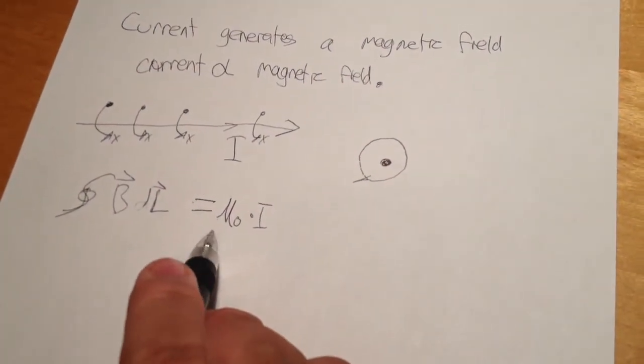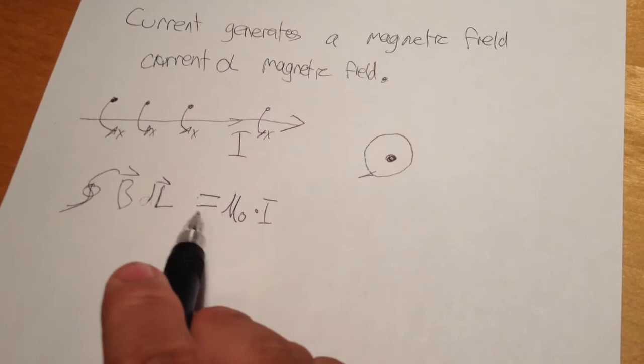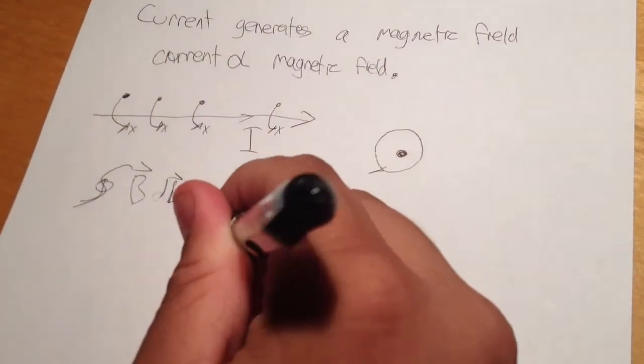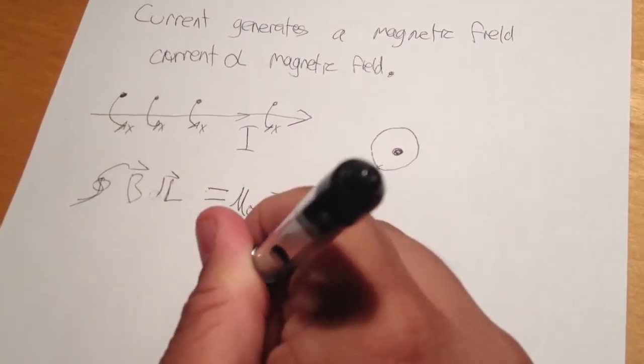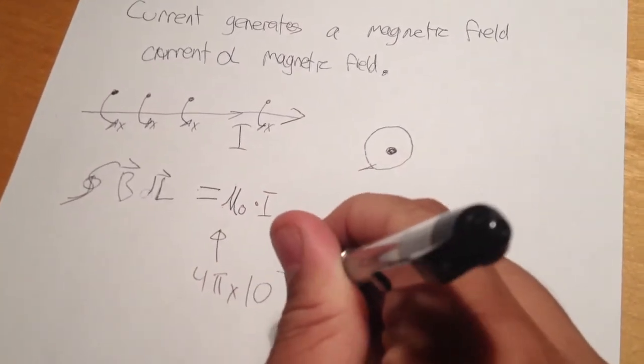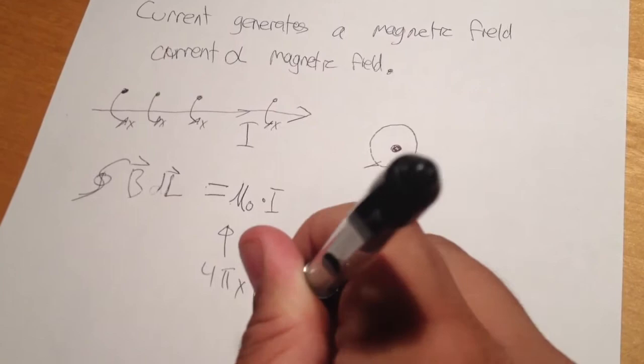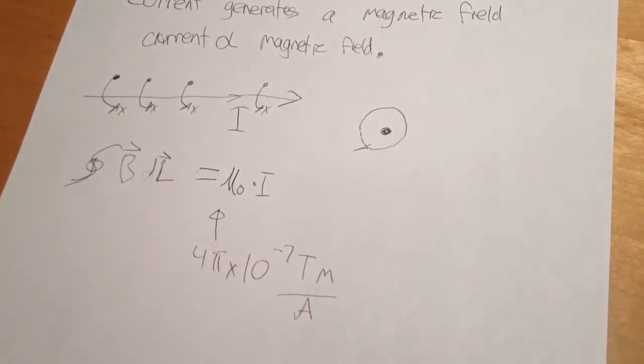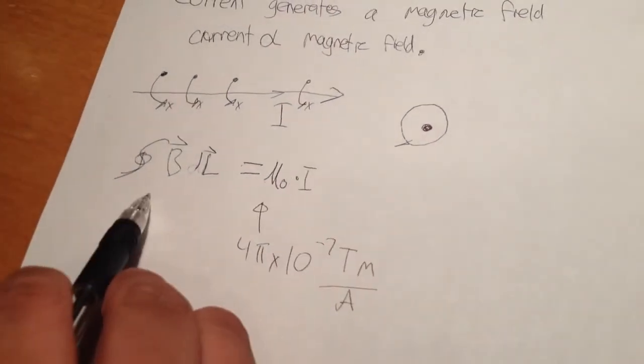Mu naught is called the permeability of free space. It's just a constant, and this is equal to 4 pi times 10 to the negative 7 Tesla meters per ampere.